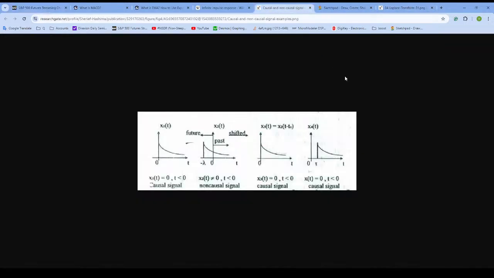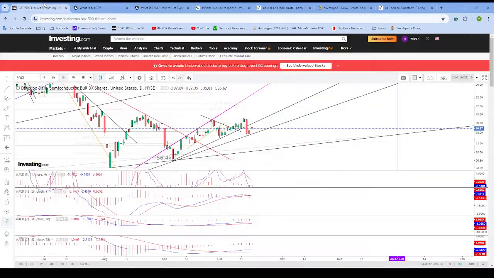The other type of system that we have is the anti-causal system, where you have information only from the future. Like in the case of our audio tape, at the very beginning of the tape, you don't have information from the past. There is no information. You're at the beginning. All the recorded information is considered the future.